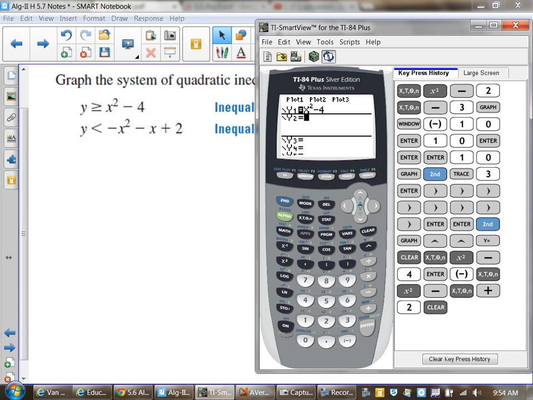That one is really easy to do. When you have multiple graphs, instead of trying to switch between the two graphs while you're looking at the table functions in the calculator, sometimes it's easier just to do them one at a time.